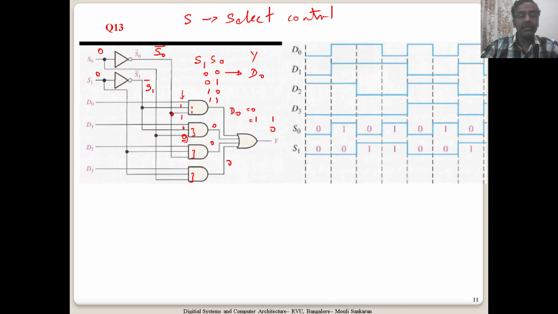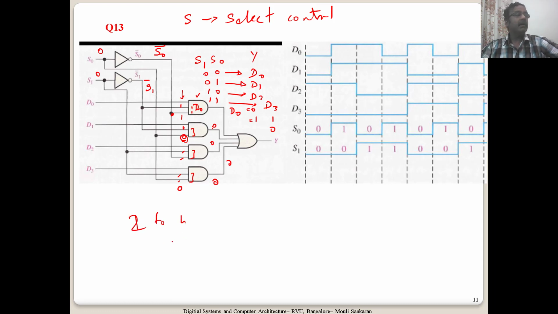That means if one of the inputs is 0, output is going to be 0. Similarly, if you check these two inputs, one of them will be 0, then output will be 0. So effectively, if this is D0, D0 is selected. If I give a 0 1, D1 will be selected, this is D2 will be selected, and D3 will be selected, 1 1. So basically it's a 4 to 1, sorry, 4 to 1 multiplexer.